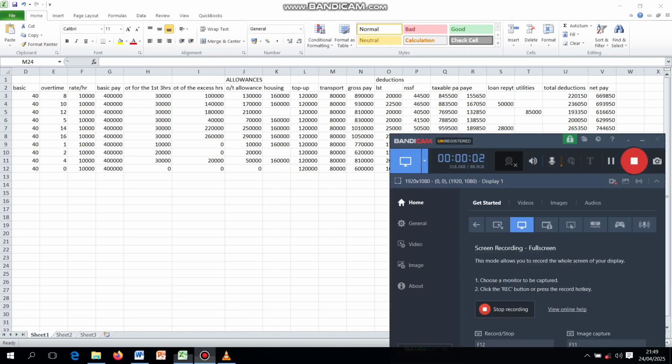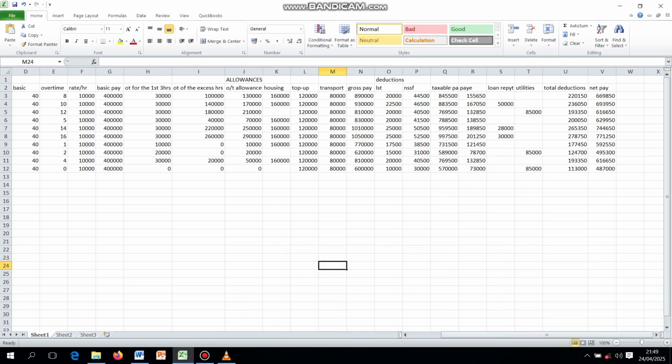Oh, sorry, I had forgotten something here. To get the total deductions, we are going to use our formula, which will be equals, we shall get the LST, then we shall add NSSF, we shall add the PAYE, we shall add the loan repayment, we shall also add the utilities, then we shall get the answer.